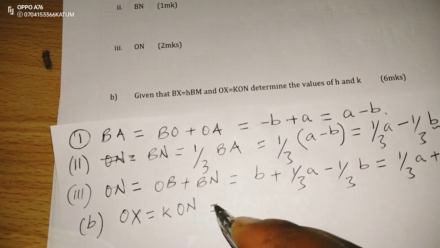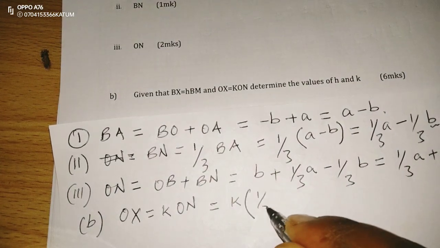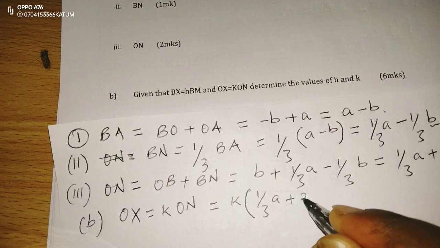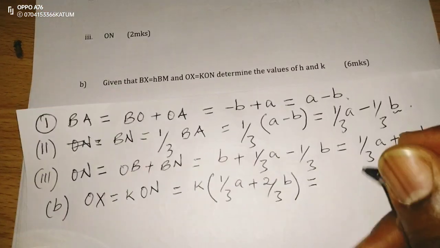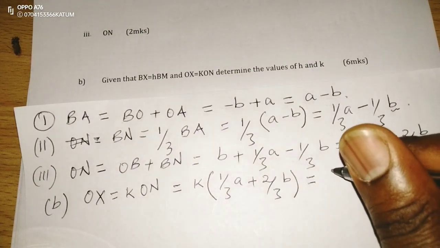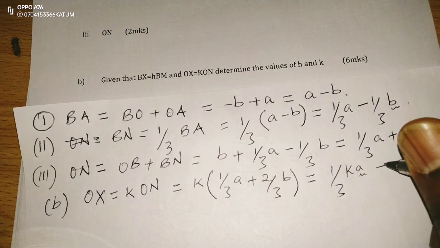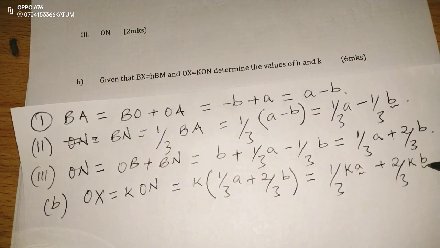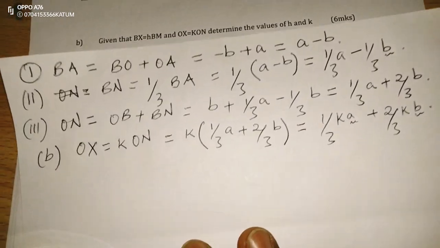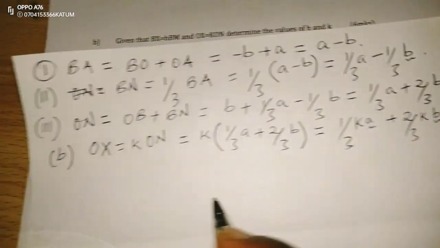So this expression is going to become K. ON is already up here, a third A plus 2 out of 3B. So this, in a simpler way, becomes a third K vector A plus 2 out of 3K vector B. So that is the first expression of vector OX.